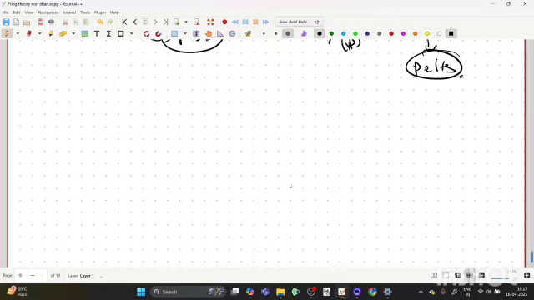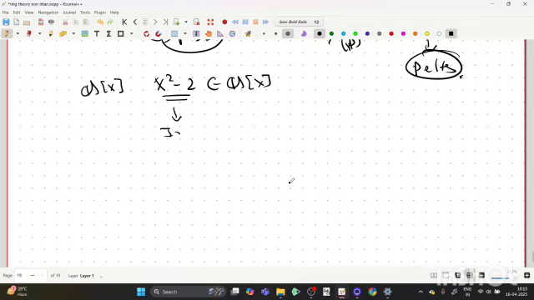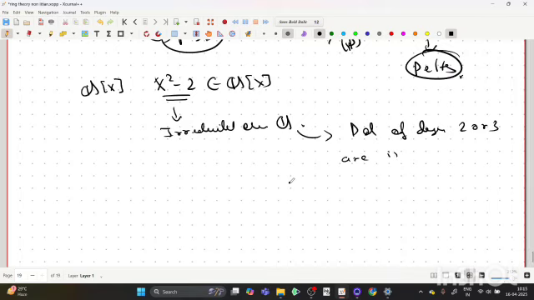Because now observe the following: if I choose the ring over the field Q, and I choose the polynomial x^2 - 2 in Q[x], then we know that this is irreducible over Q. We haven't proved it, but I guess we had discussed previously that polynomials of degree 2 or 3 are irreducible if and only if there does not exist a root over the field, right?